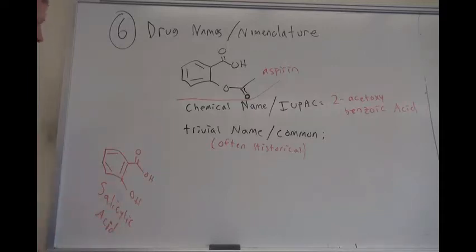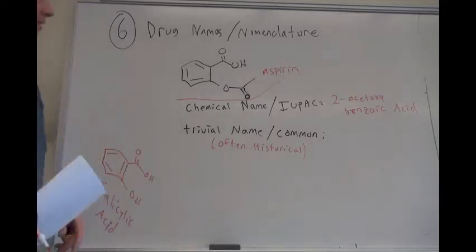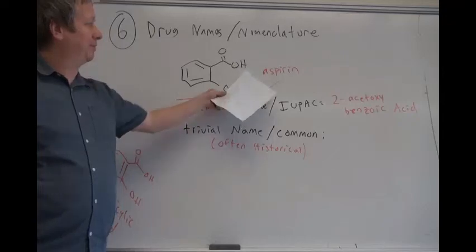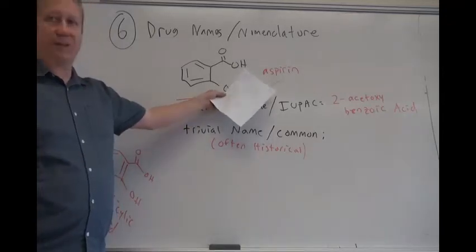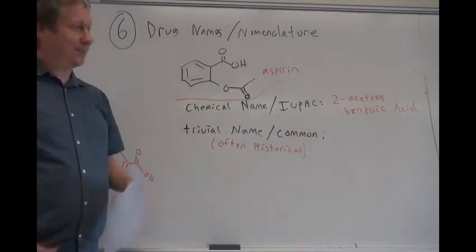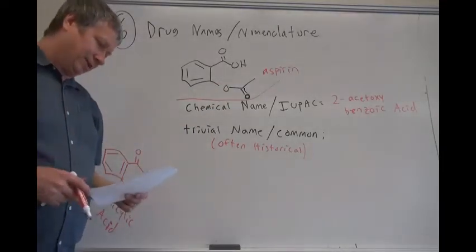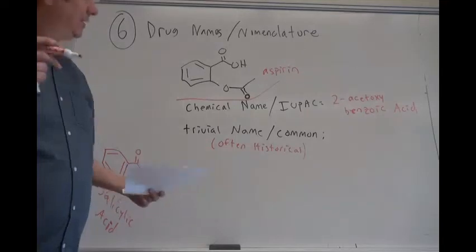Salicylic acid. Okay. So the trivial name for aspirin is based on the trivial name of the root, salicylic acid. So it's salicylic acid with something on it. And the trivial name for this is acetyl salicylic acid.